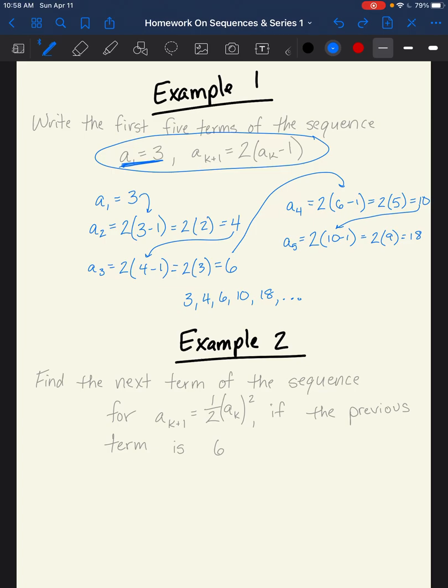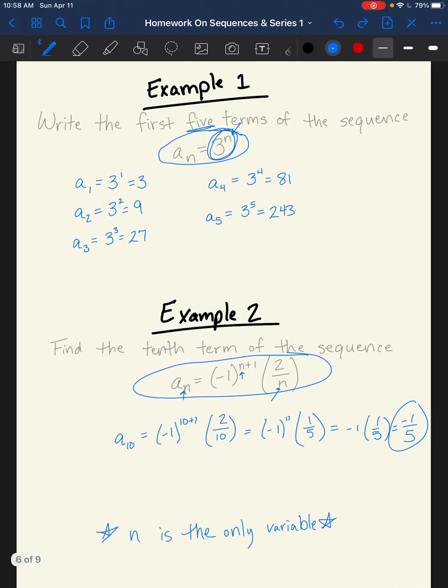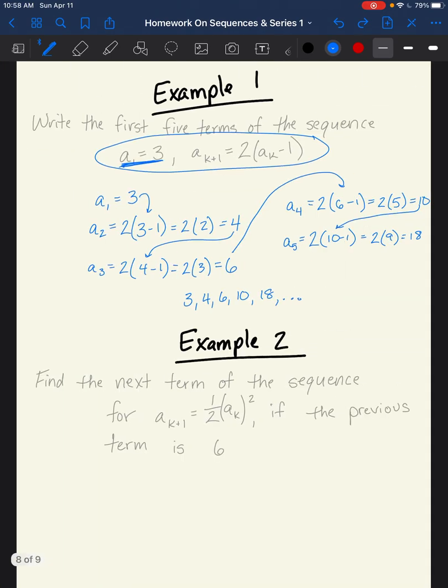Recursive definitions are actually pretty nice. However, the downside is that unlike when I was doing the explicit definitions, I can't just find a specific term that I want. Like I can't find the 10th term. The reason is because I'm not actually plugging in n anymore, okay?